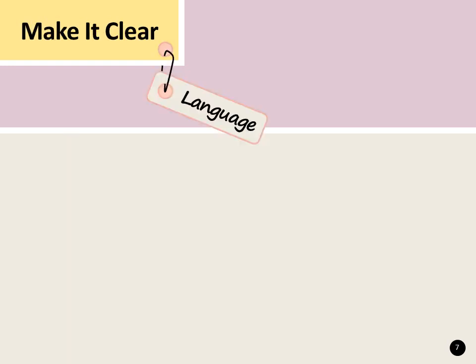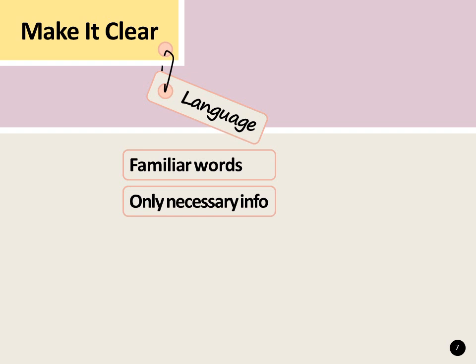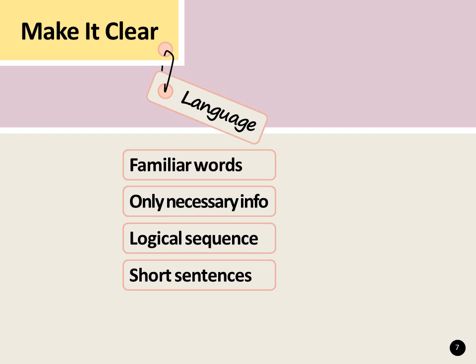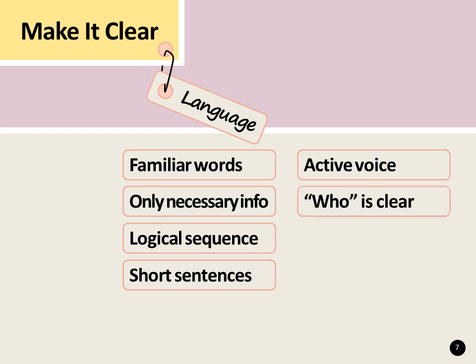To be an effective story, the information you want to communicate must be clear. This is done by using familiar, everyday words, providing only information that is necessary, and stating it in a logical sequence. Short sentences are preferable to long ones, which have greater potential to be unclear. Use an active voice for most sentences, and make clear in the sentence who is acting and who is the subject of the action.